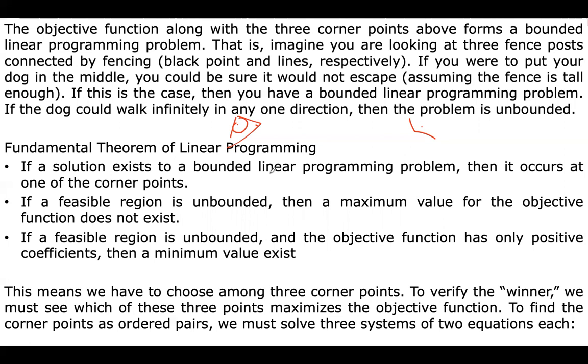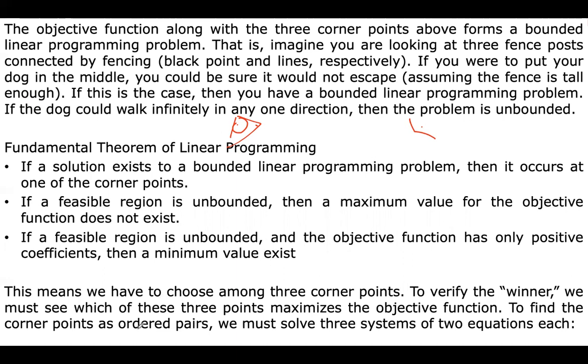It can go anywhere. And if a feasible region is unbounded and the objective function has only positive coefficients, then a minimum value exists at a corner point, which is mostly a minimization problem. This means we have to choose among the 3 corner points to find the winner. We must see which of these 3 points maximizes the objective function.